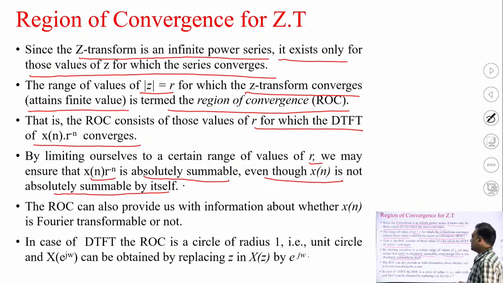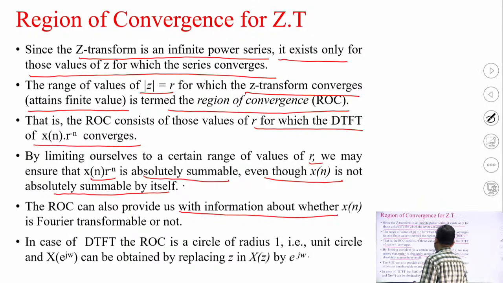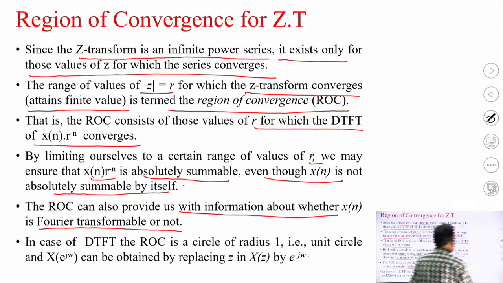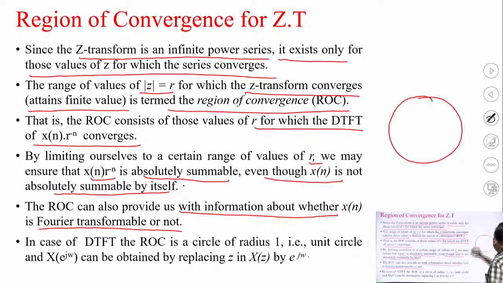Another important thing is that the ROC can also tell us whether this x[n] is Fourier transformable or not. The value of r is basically the radius of a circle. What is the condition for a signal to be Fourier transformable?